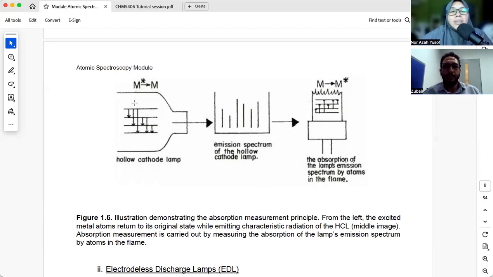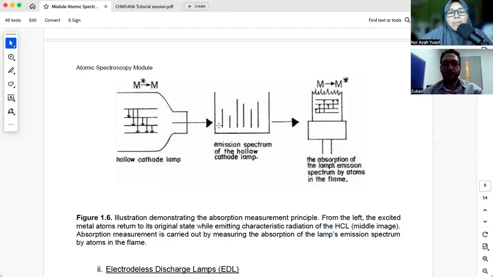Once the relaxation happens, the electron will go down to lower energy. It's not just one electron, it involves a few electrons, depending on the electron configuration of the metal. So it will result in a specific fingerprint, a fingerprint of atomic emission spectrum unique to the metal.